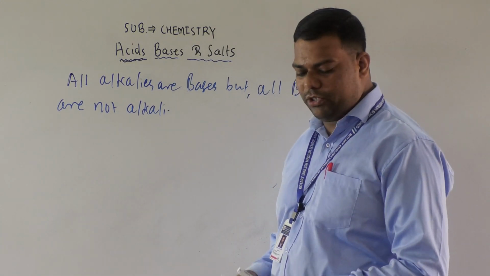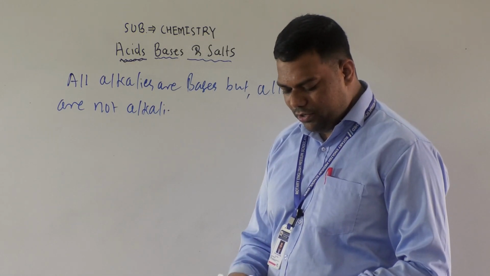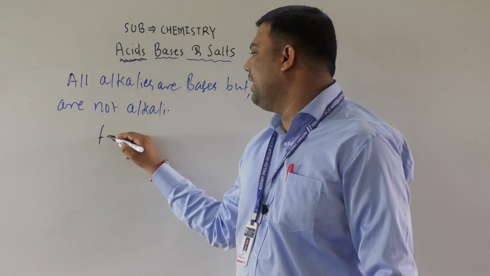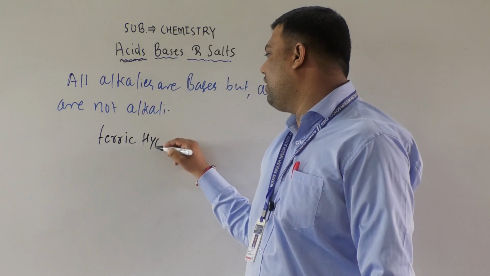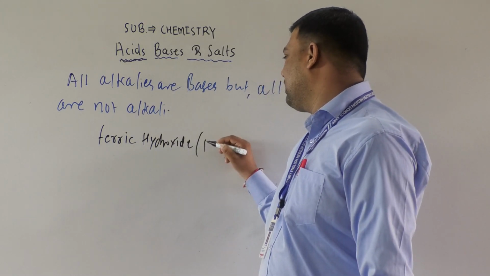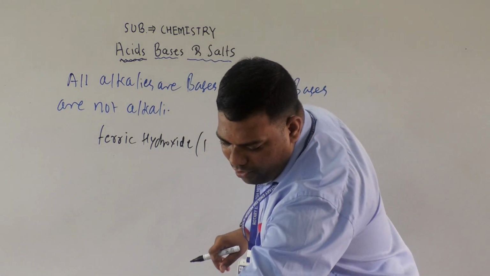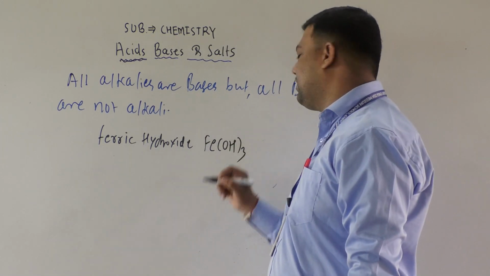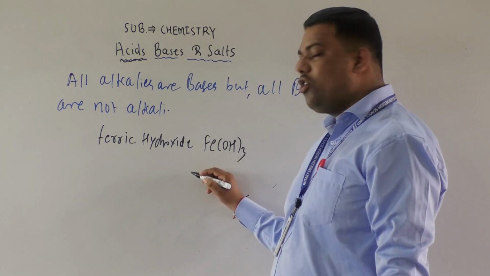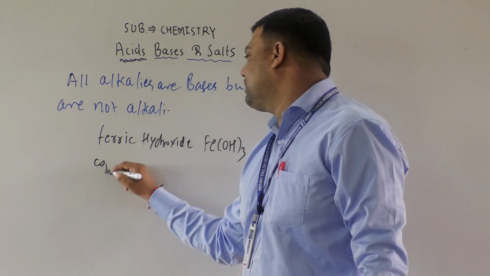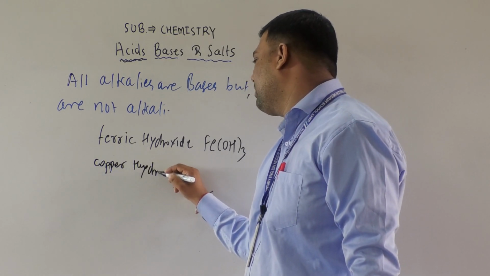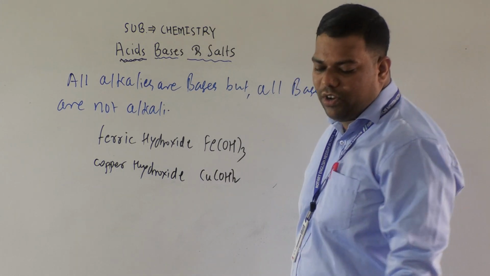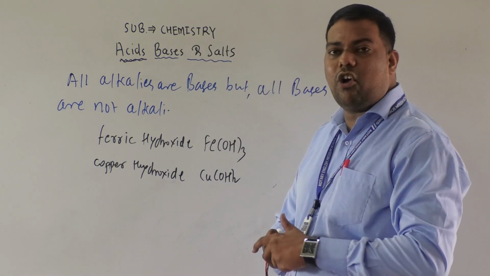Some bases are insoluble. Examples of insoluble bases: ferric hydroxide, with formula Fe(OH)3, and copper hydroxide, Cu(OH)2. Understood?